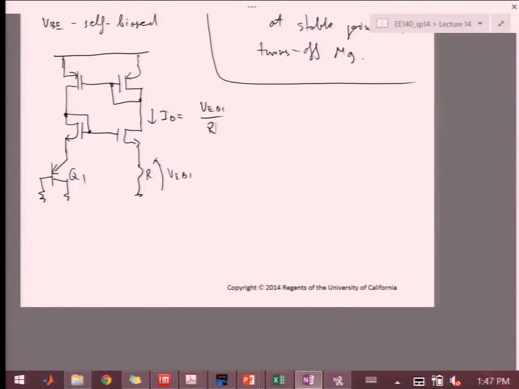So another example, something like this. Again, same trick with the current mirror. That kind of stays the same.